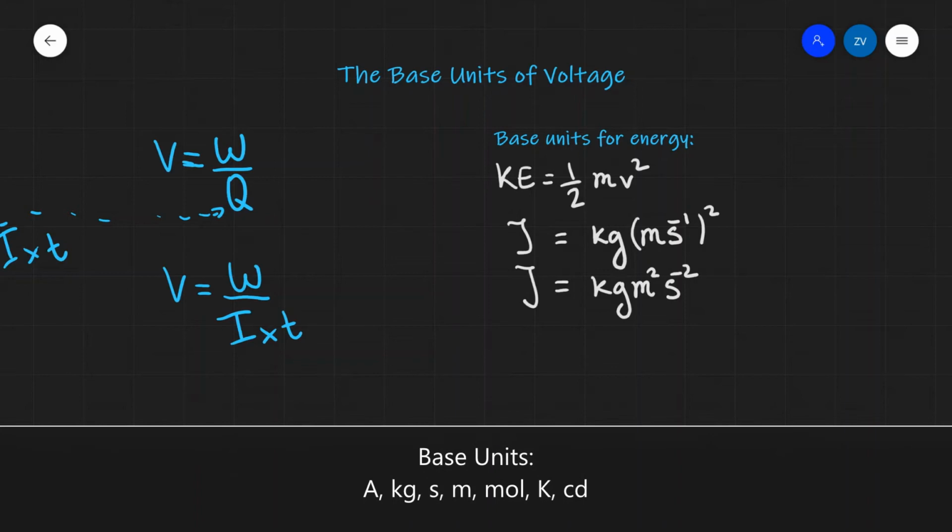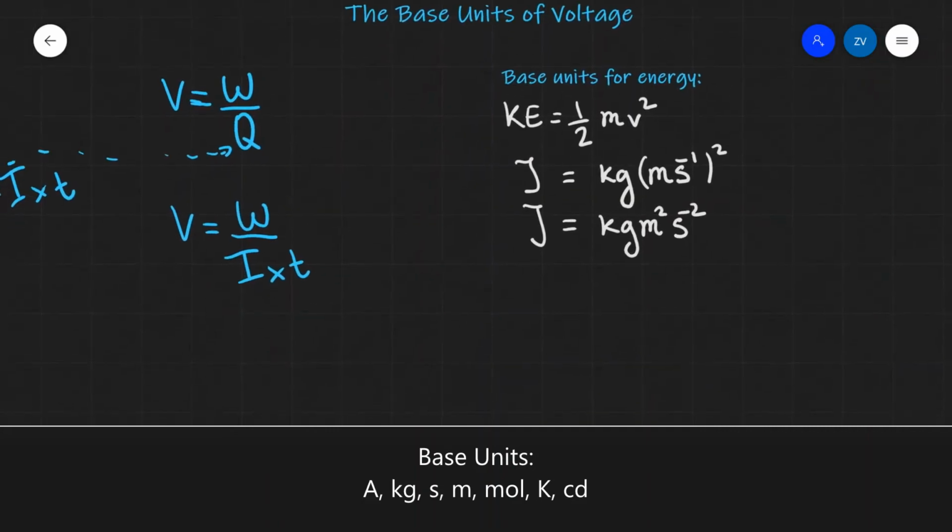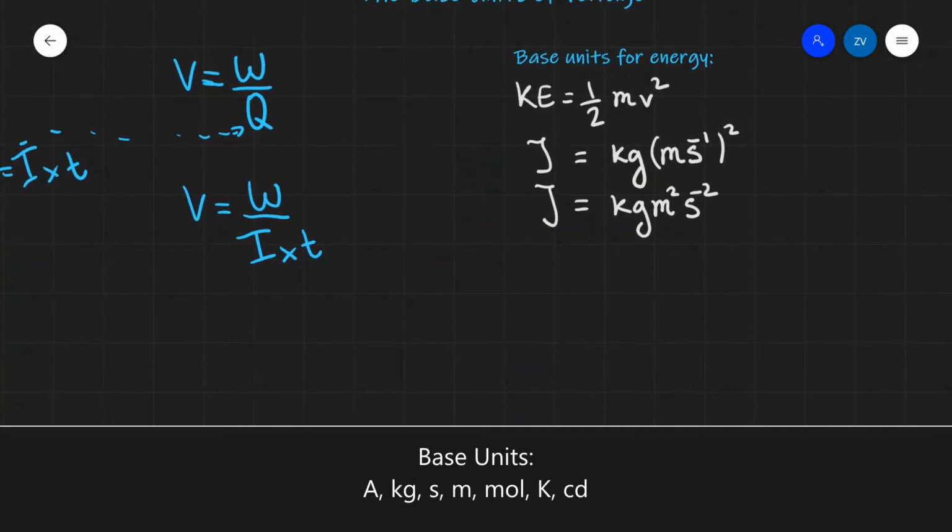Now, what I'm going to do is I'm going to substitute this expression over here for the joule into the expression for potential difference. V is equal to W divided by I times T. Okay, so 1 volt will be equal to, and now I'm going to start with units. So the units for W is a joule, which is not a base unit.